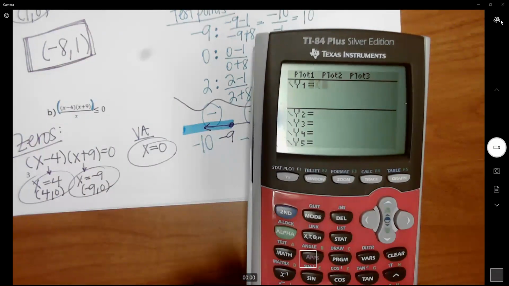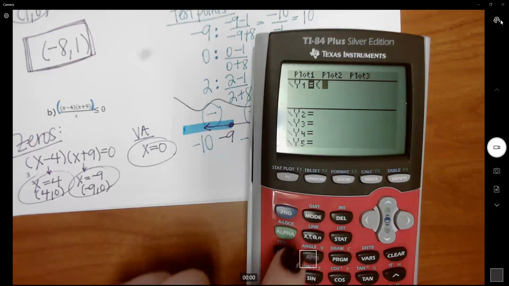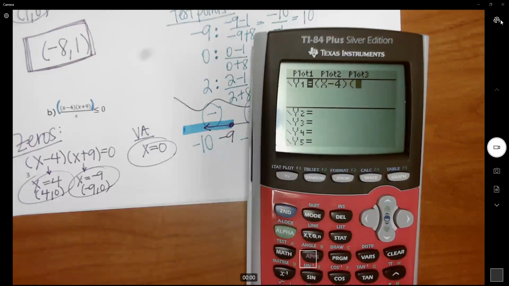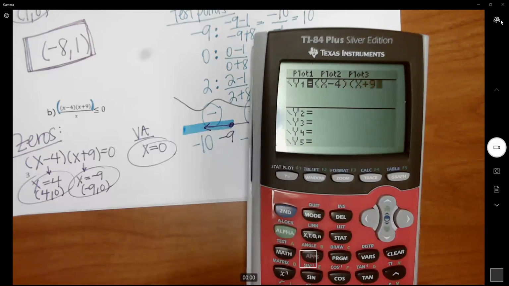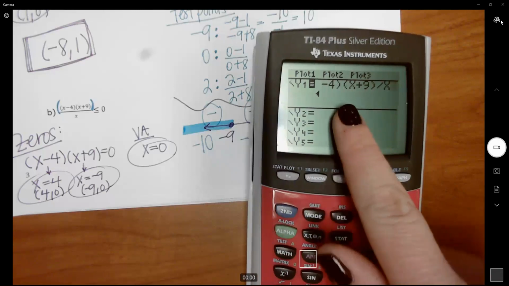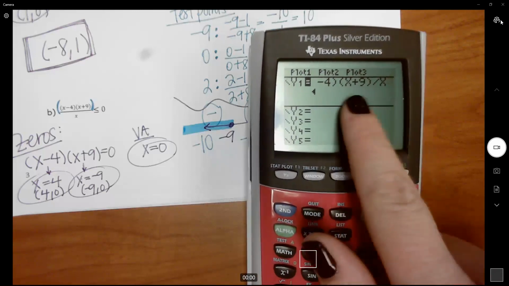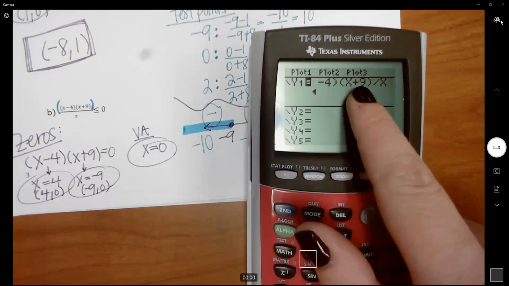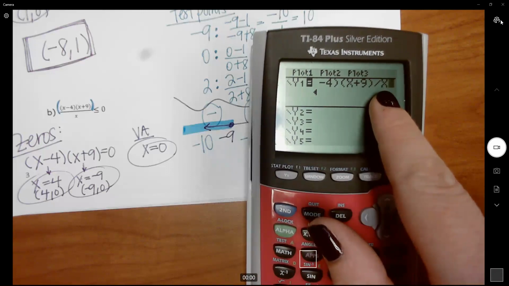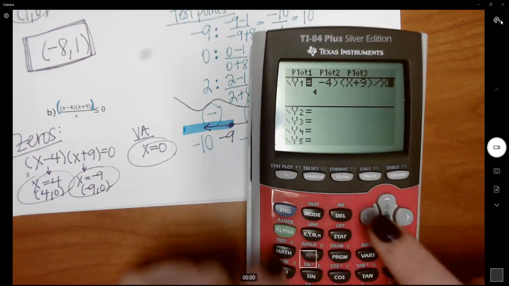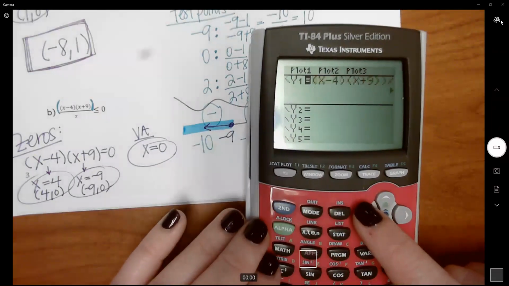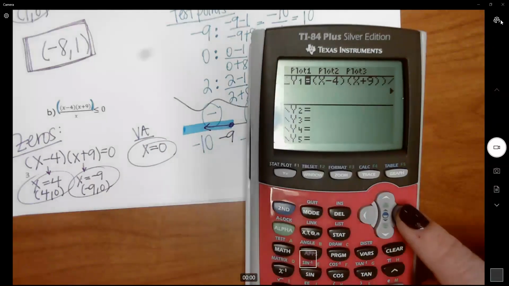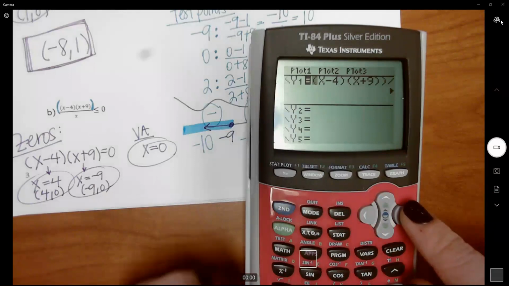If you put this in as x minus 4 parentheses x plus 9 parentheses divide by x, it is just taking this portion here and only dividing x plus 9 divided by x. You've got to let your calculator know, I want to divide all of this by x.